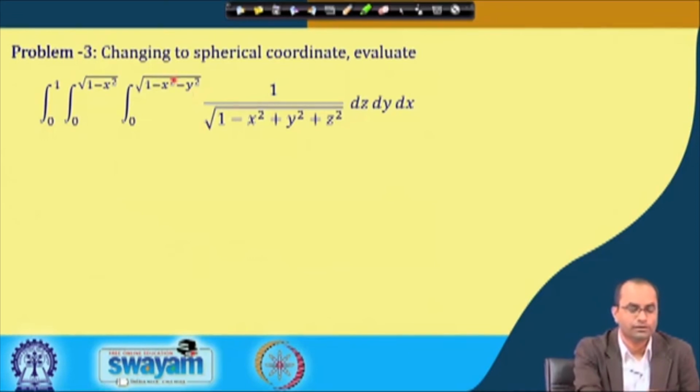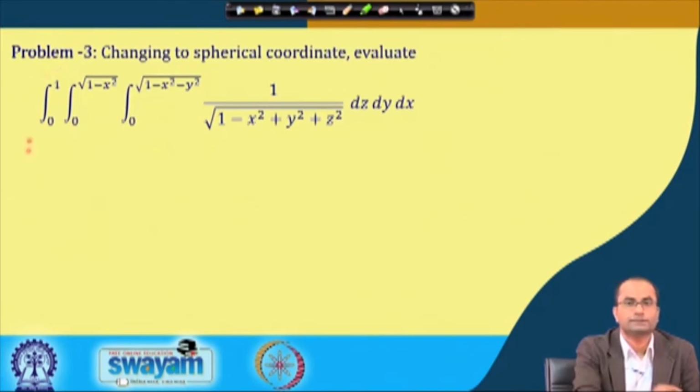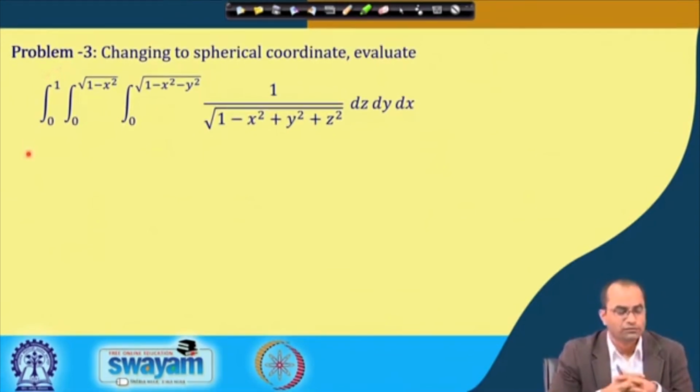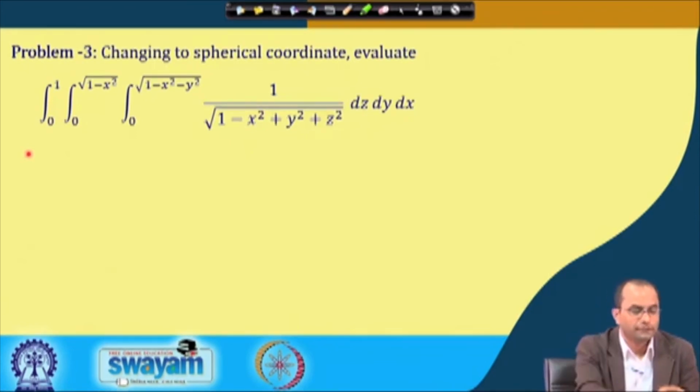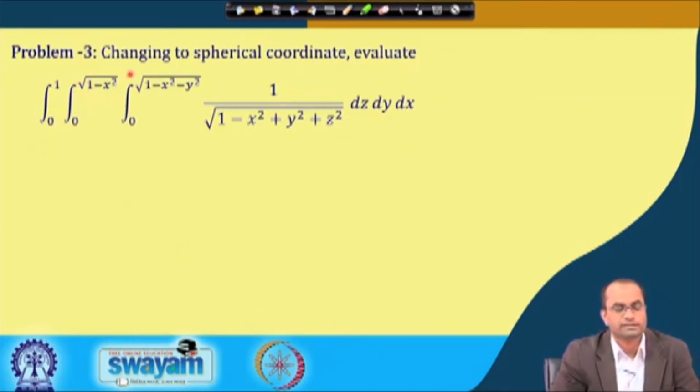Now we have to look a little bit more carefully at the directions of y and x. This is nothing but that circle, when this sphere is projected onto the x y plane, and then we have x from 0 to 1 and y from 0 to square root of 1 minus x square.